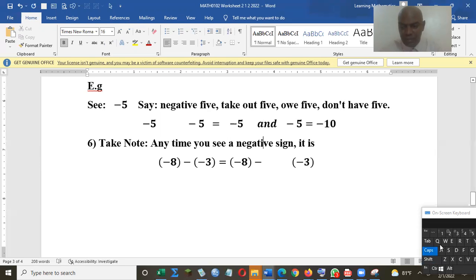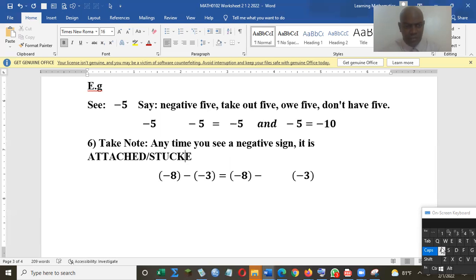It is stuck to the number on the right, the right side of it.